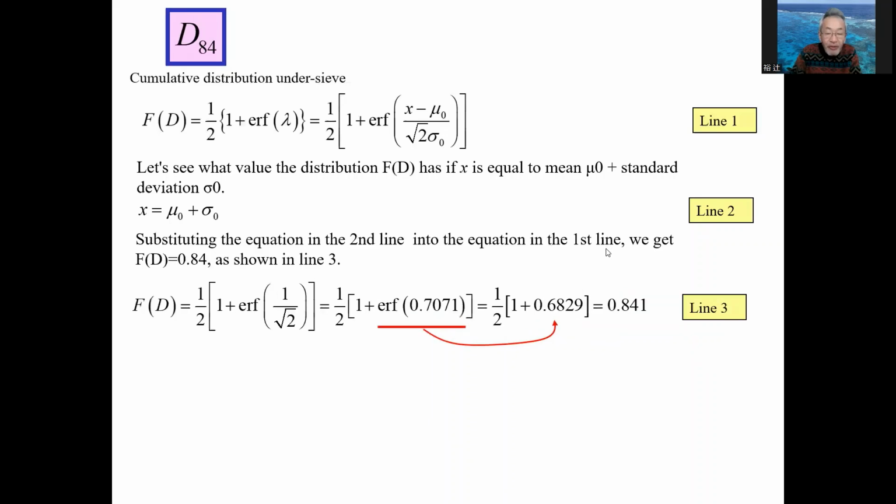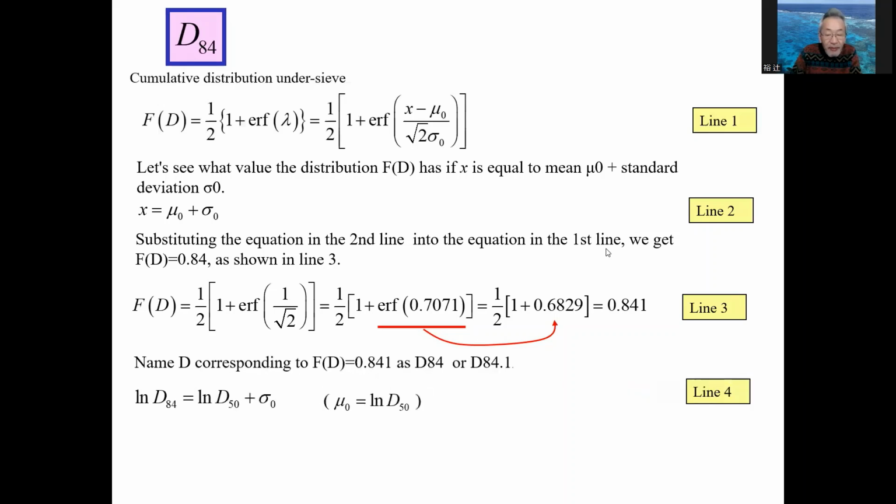Substituting the equation on the second line into the equation on the first line, Fd is equal to 0.841 as shown on the third line. The value of the Euler function, that is 0.6829, is taken from the table in the previous page.